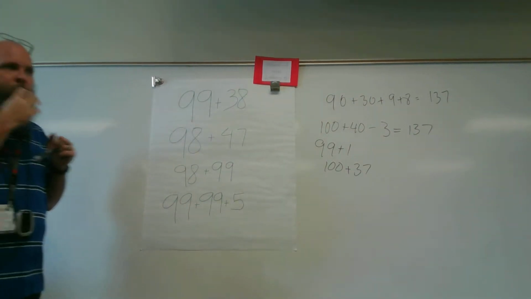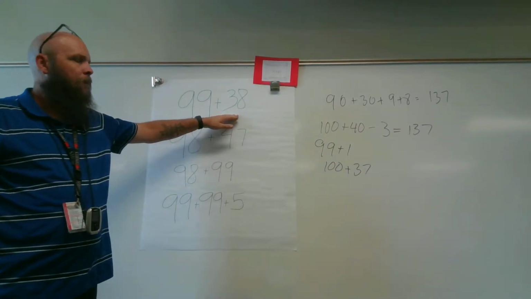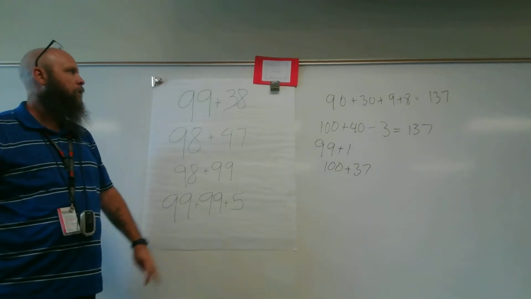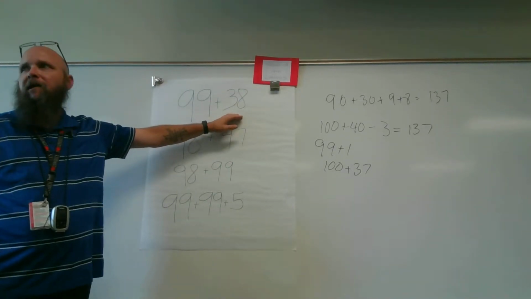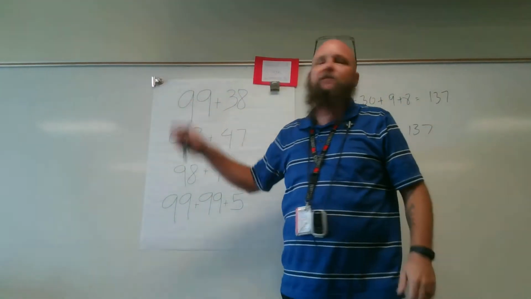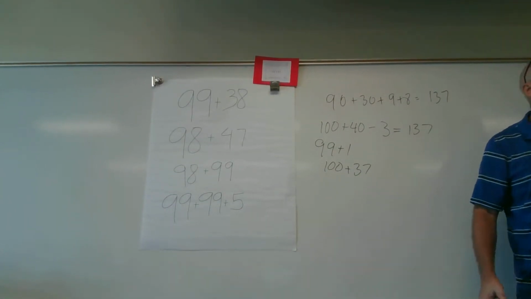Because I took the 1 from the 38 and made the 99 to 100, and then I made 37, so I have those together. Good. So he took 1 from this addend. Instead of 38, he made it 37, and then added it to the other addend, and made 99 into 100, and adding 100 plus 37 is pretty easy in our head.